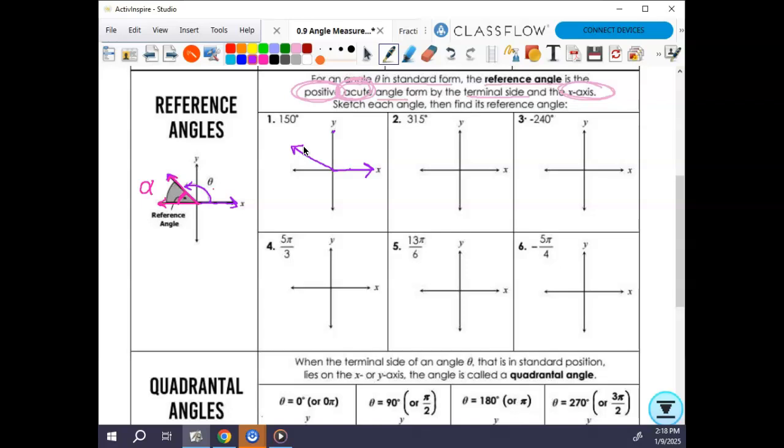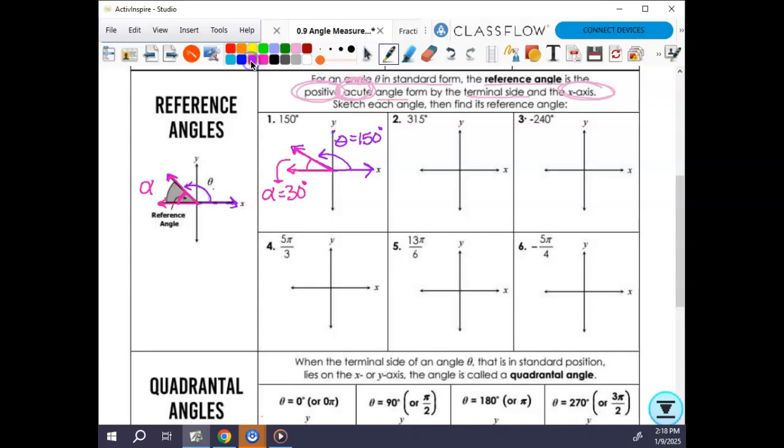All right, so this right here, this is theta, and it is 150 degrees. Okay? Our reference angle, I take the terminal side and the shortest way to the x-axis. This is my alpha. And what would that measure have to be? 30, right? Because that would give me 180. Okay. Everybody okay with that? All right.